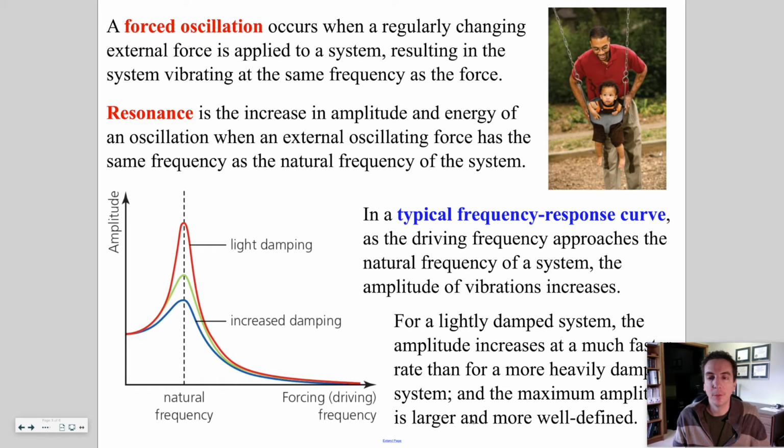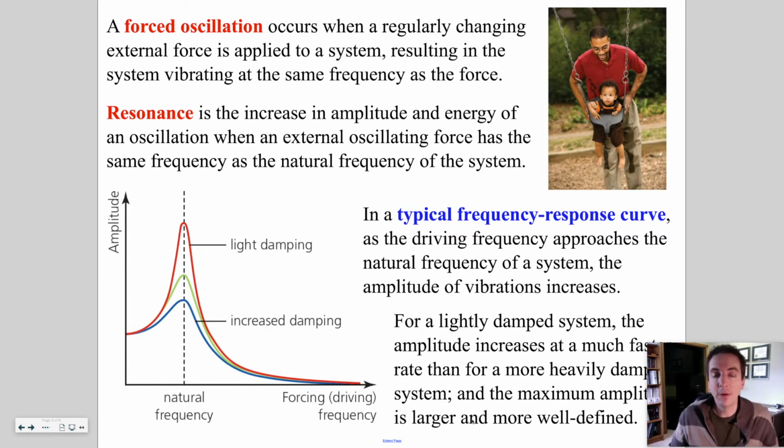Okay, so pushing a kid on a swing. We talked about this as resonance. A forced oscillation occurs when a regularly changing external force is applied to a system, resulting in the system vibrating at the same frequency as the force. So, pushing a kid on a swing.